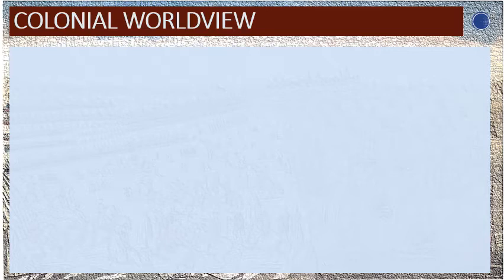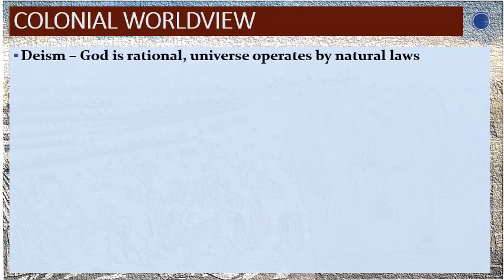Now, they do have a rationale, a reason for why they feel the way they do, and we can trace that to a series of ideas that develop in the 1720s and 30s, known collectively as Enlightenment ideas.